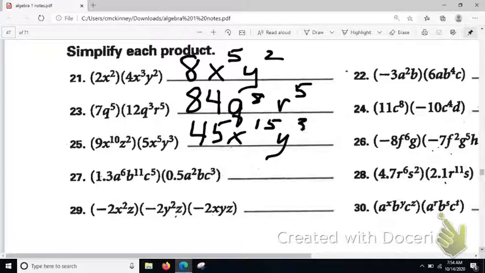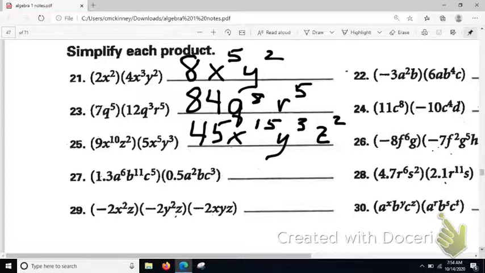And it's going to stay y to the 3rd because it's the only y involved. And then z is going to stay z to the 2nd. Now, if you were doing a paper for me and you left the y to the 3rd at the end, I would not mark that wrong. But proper form would be that we put them in alphabetical order.